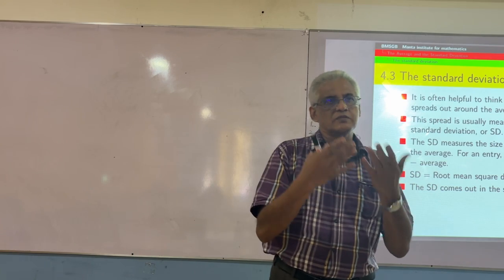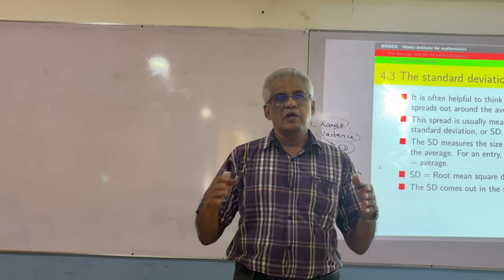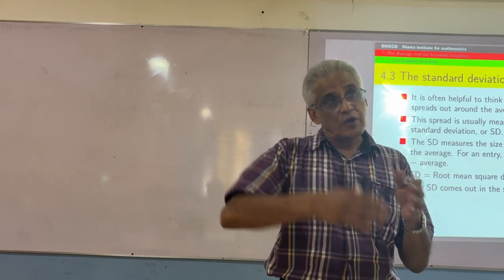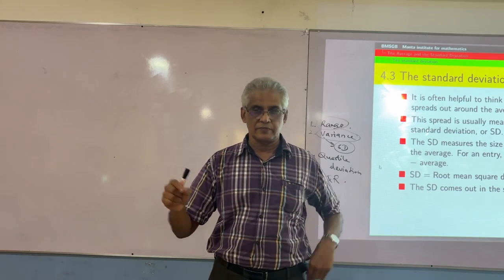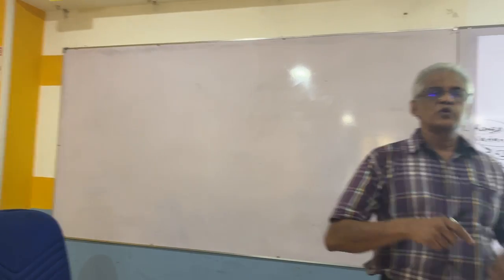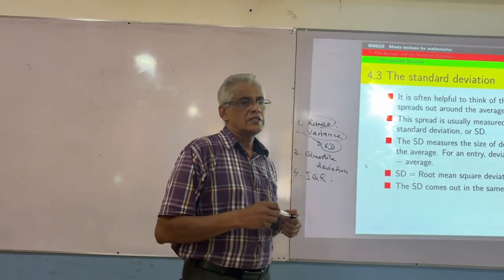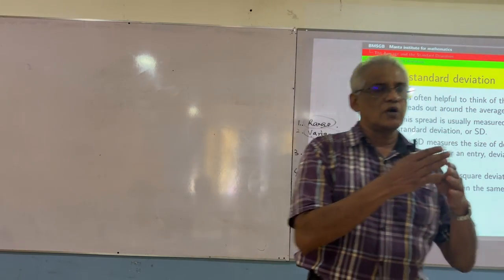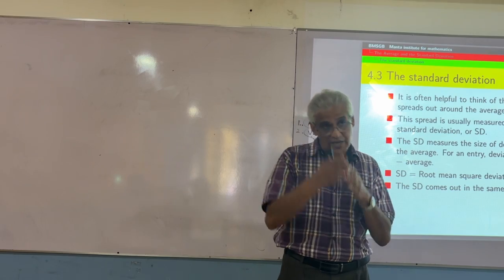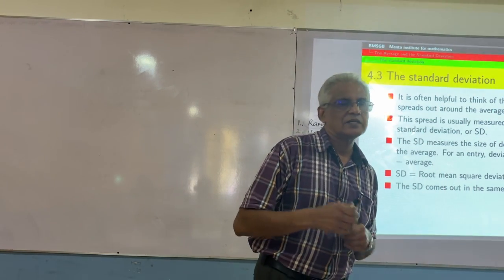Once you selected the mean as the center, then you want to talk about on average how far away the data are from the center, right? If you have chosen median as your average or the center, then you might want to talk about how far away on average the data are from that center, from the median. So depending on that, there are choices.